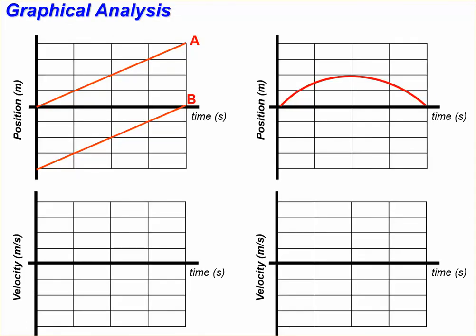So if we want to look at the graphical piece for this, we could look at object A's position versus time graph. Object A seems to pick up 1 unit of position for every unit of time. Well, if we recall that velocity is displacement over time, we could calculate velocities for each time segment.